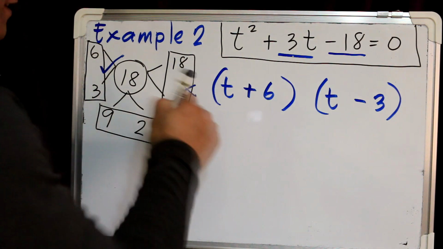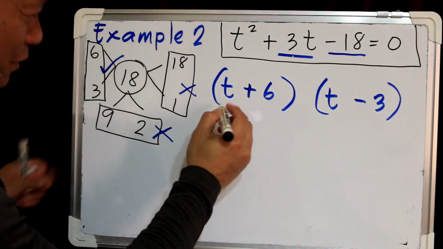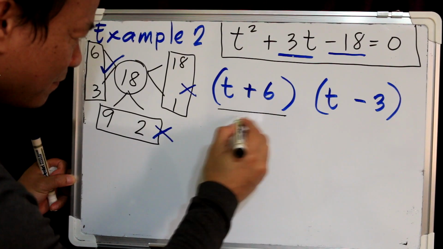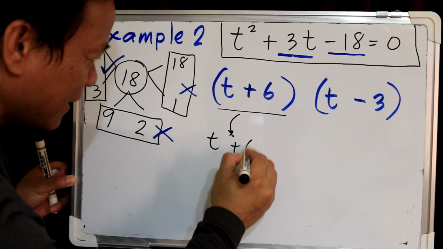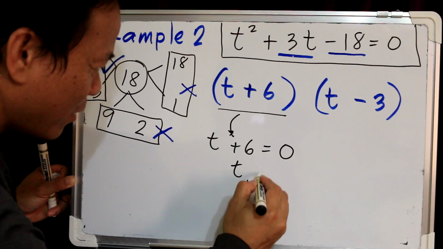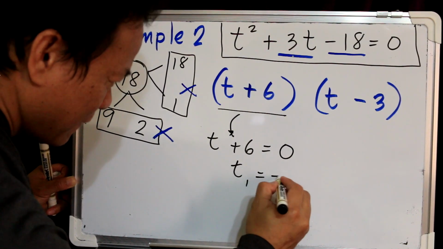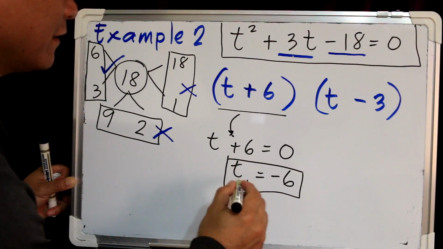So to solve further, because our topic is solving quadratic equations, this one becomes t plus 6 equals 0. This means t sub 1 equals minus 6. Okay?